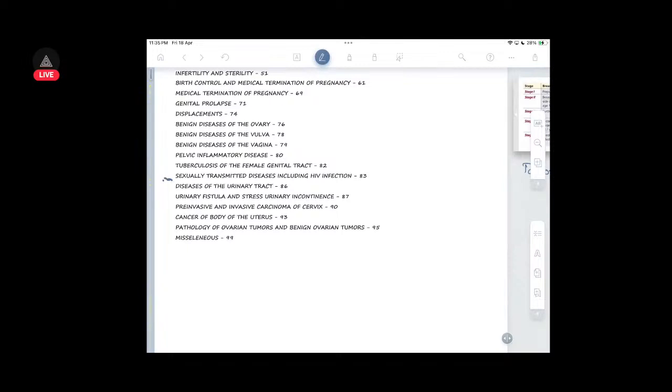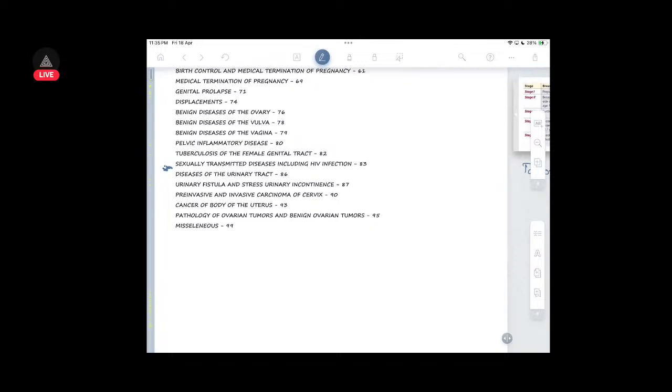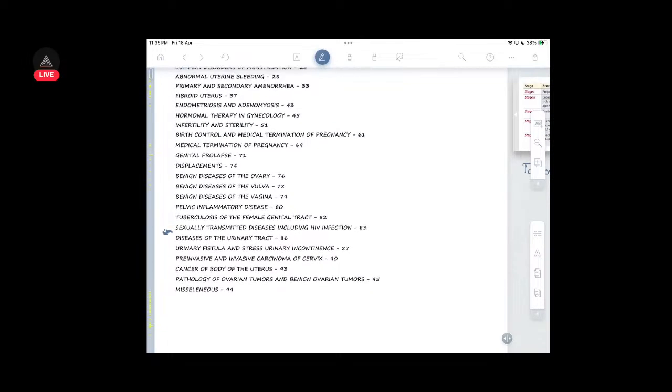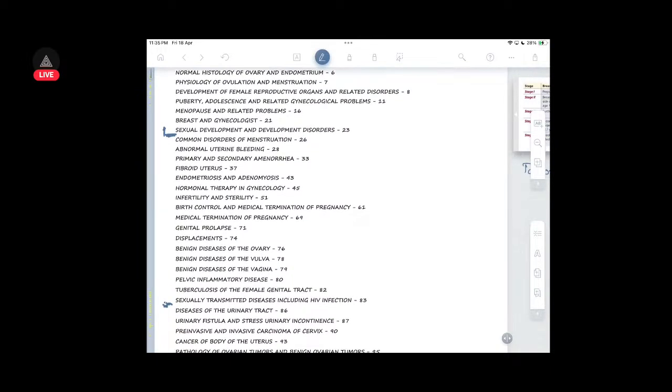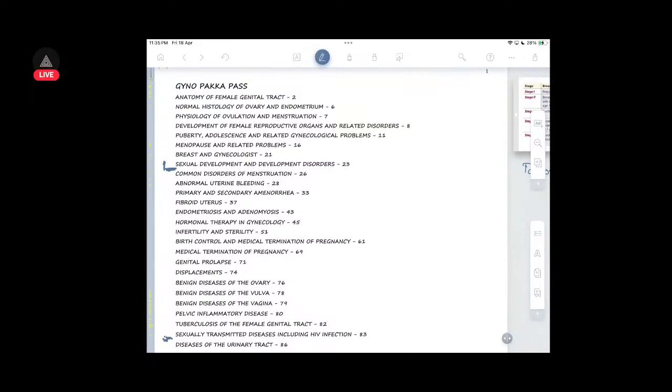Ideally, I finish up to here and sleep, because carcinoma cervix and all are very easy and will just take 1 hour to do. So another 3 hours of work is there.